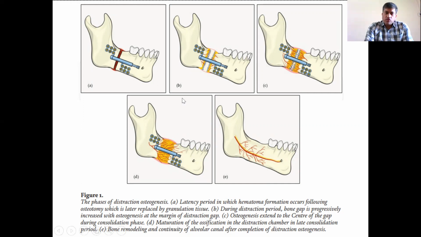During the late phase of consolidation, the entire distraction gap is filled up with secondary callus, which extensively undergoes remodeling. And this remodeling restores the original contour of the bone. And in mandible, it also restores the continuity of the inferior alveolar canal, as we can see in the last diagram. So these are different stages of distraction osteogenesis.